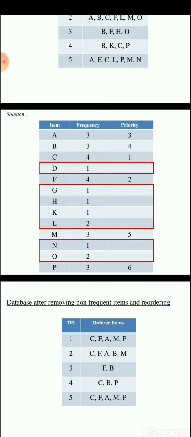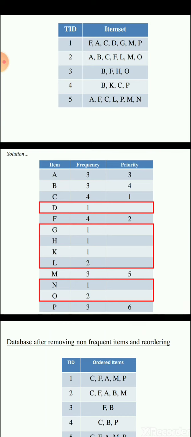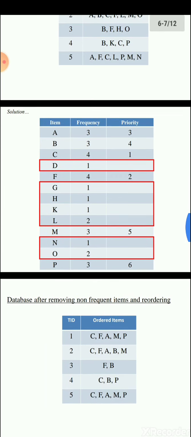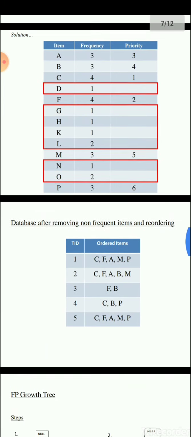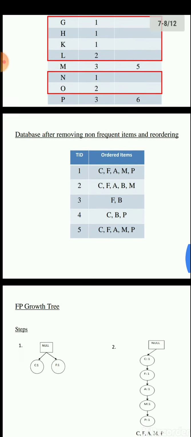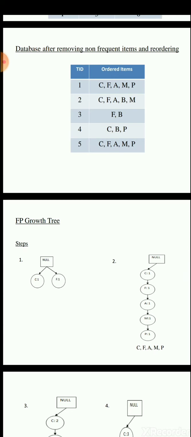Transactions 1 to 5. According to the priority, the first one is arranged as C F A M P. Second is C F A B M. Third is F B. Fourth is C B P. Fifth is C F A M P. Then we have to draw the FP growth tree. First, you have to create a null node.